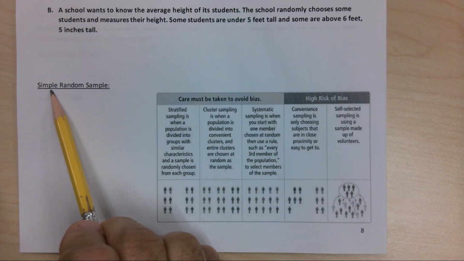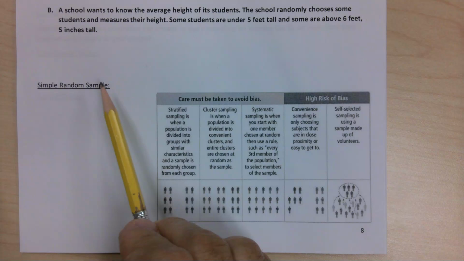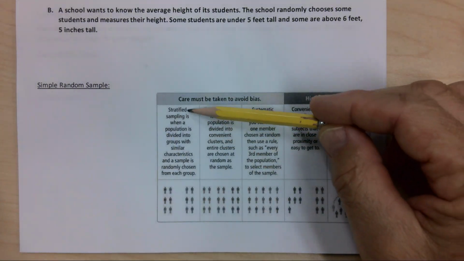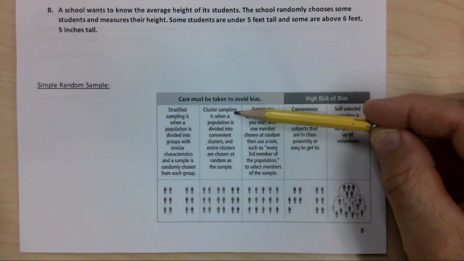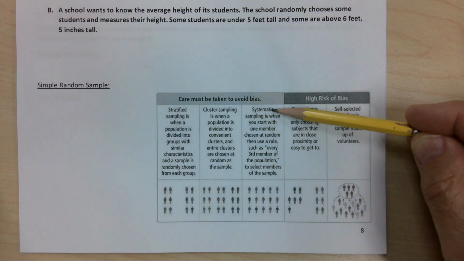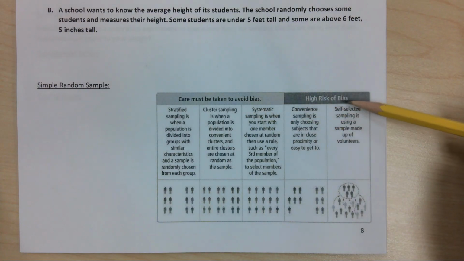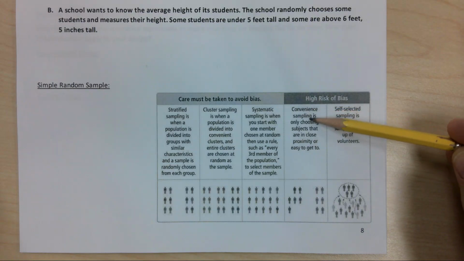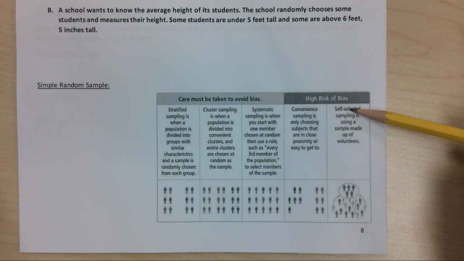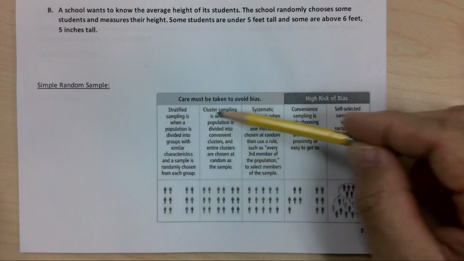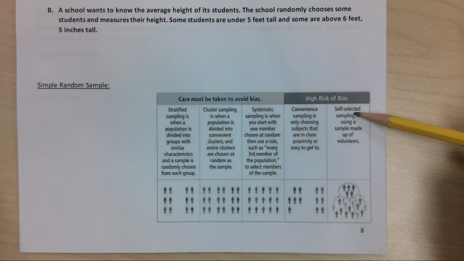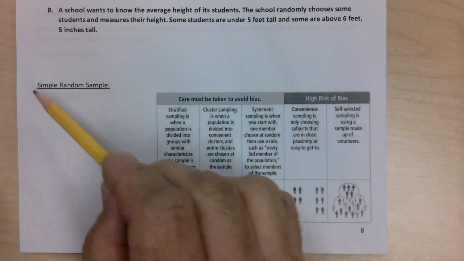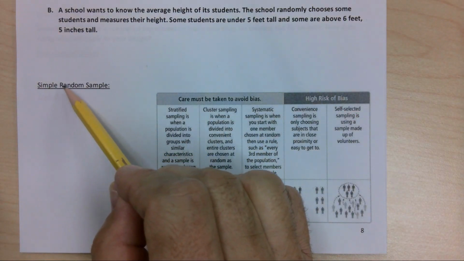It says simple random sample. Stratified sampling, what the heck is it? Cluster sampling, what is it? Systematic sampling. And then we've got high risk of bias, convenience sampling, and then self-selected sampling. So we've got 5 different types of sampling going on here, and these are simple random samples.